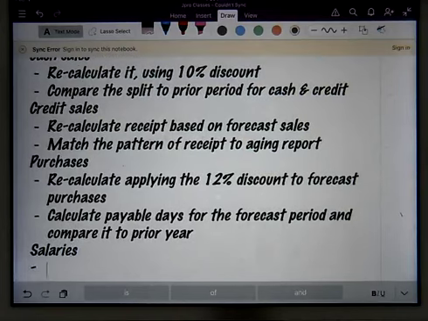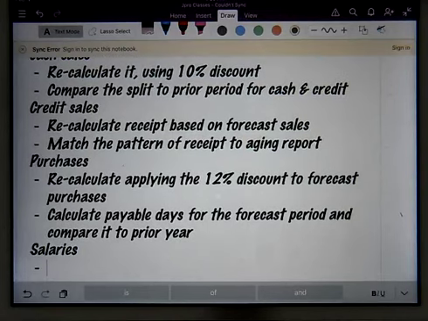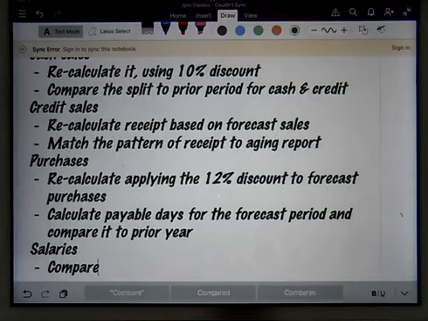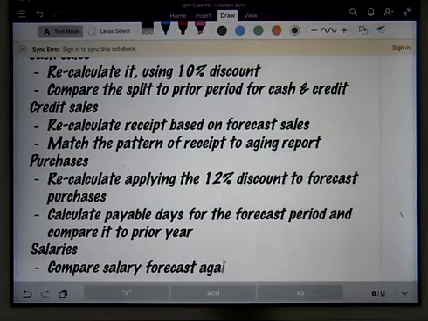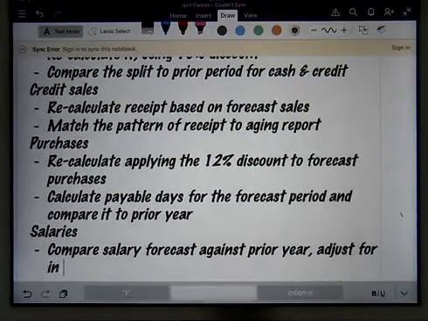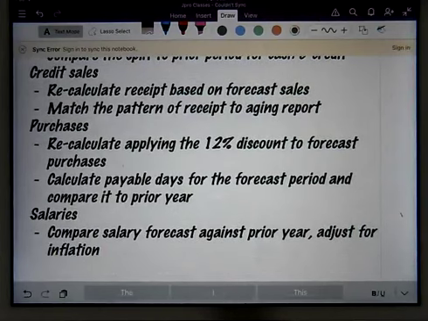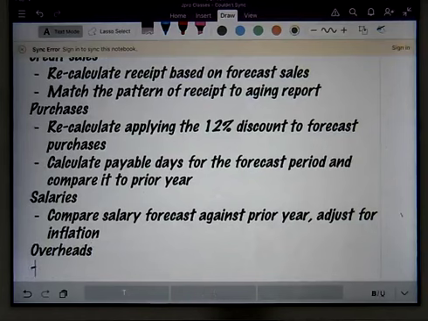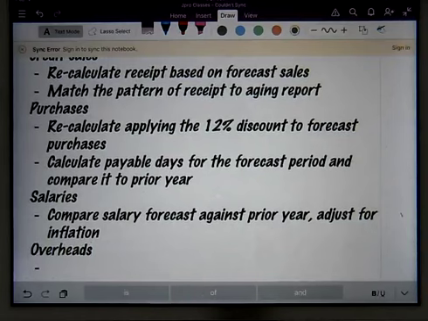What are you going to do for salary? You want to adjust for inflation, right? Overhead, what are you going to do?